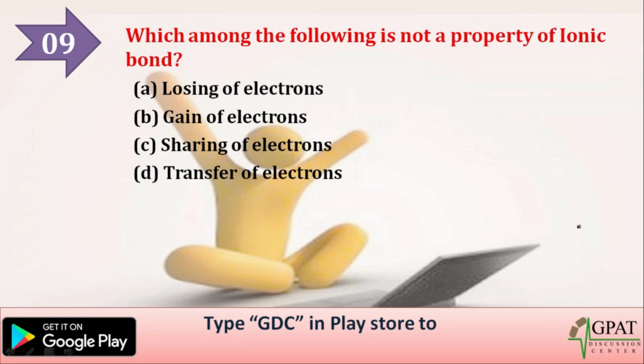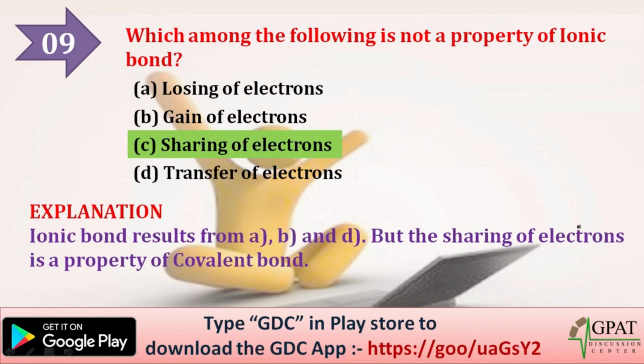The correct answer is sharing of electrons. An ionic bond does not have the property of sharing of electrons. An ionic bond results from options A, B and D, but sharing of electrons is a property of a covalent bond. So the correct answer is sharing of electrons.